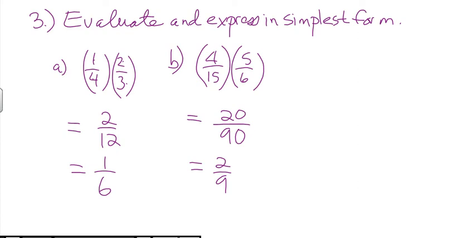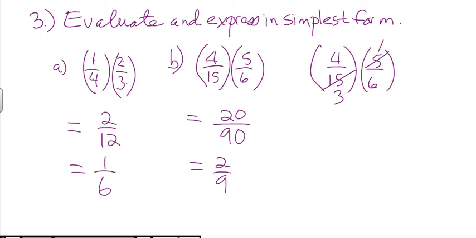Is there another way to do this question? Okay, what if I do this? What did I just do? Cancel common factors top and bottom, right? 5 goes into 5 once and into 15 3 times. I'm going to have to take them out at some point.